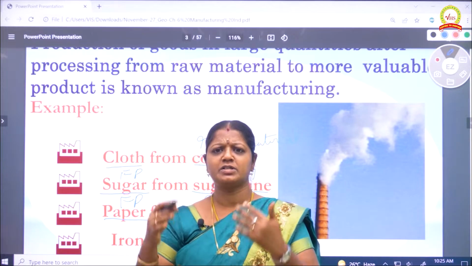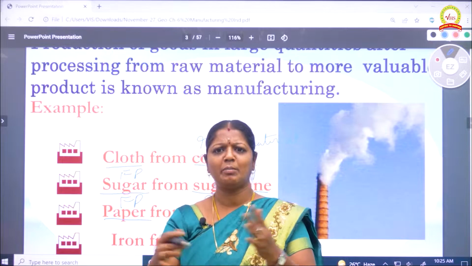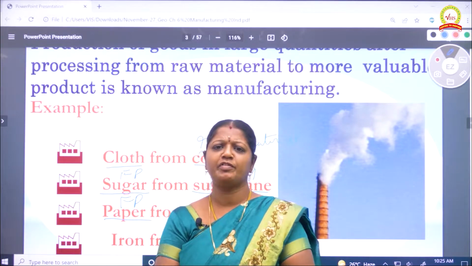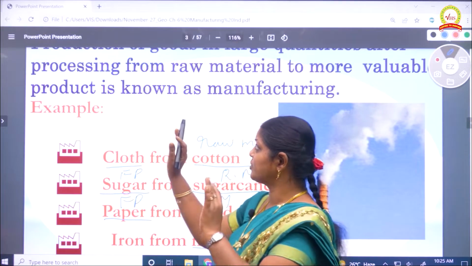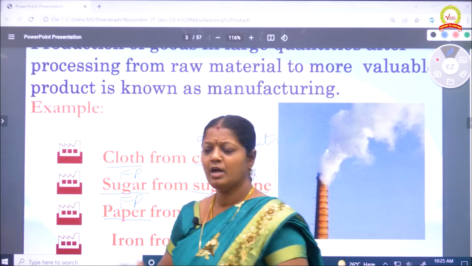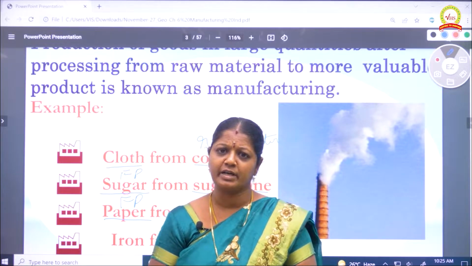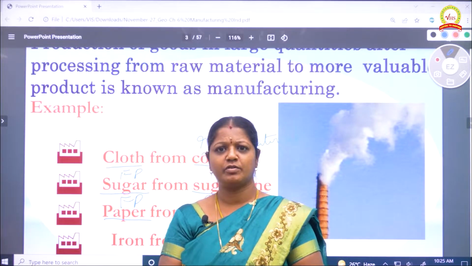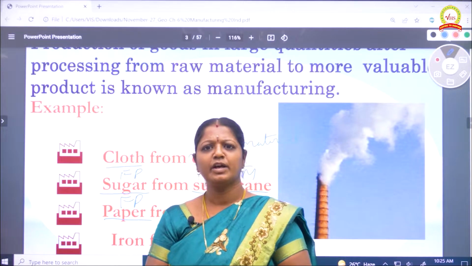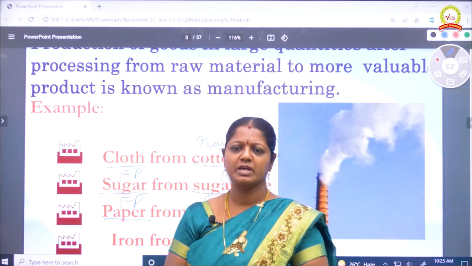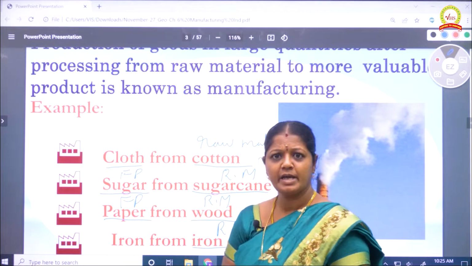Whatever is taken from the primary activity and taken to the industry and made into a finished product is called a secondary activity. Manufacturing comes under the secondary activity. Tertiary activity is a service oriented activity. Examples are banking, insurance, education services, etc. All the service oriented activities fall under the tertiary category.